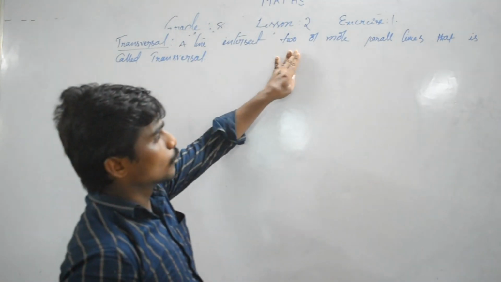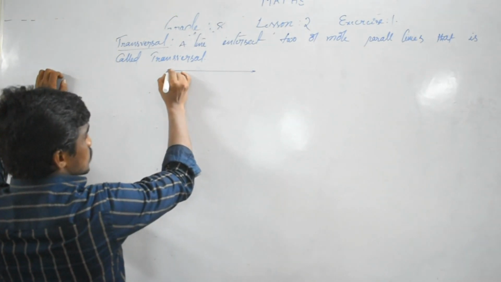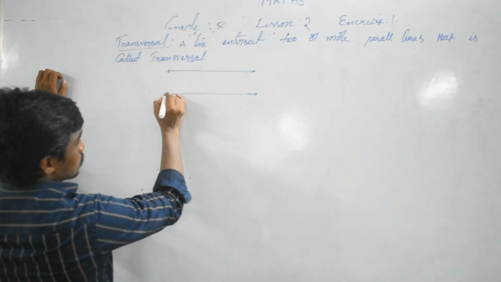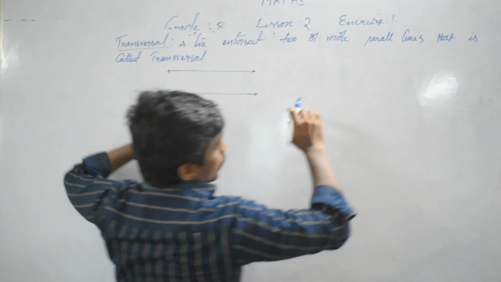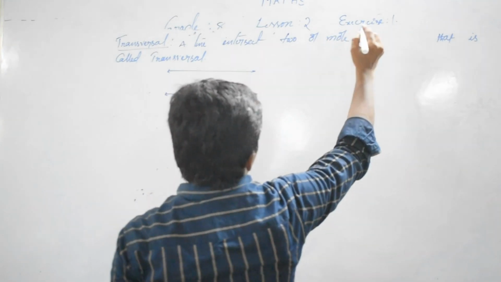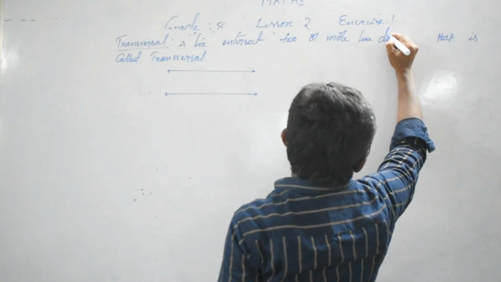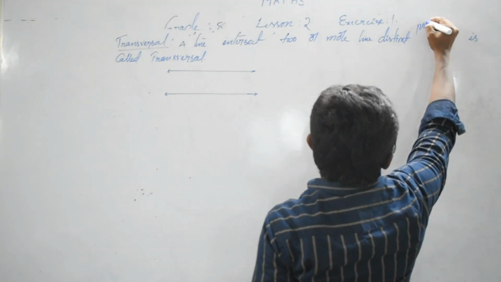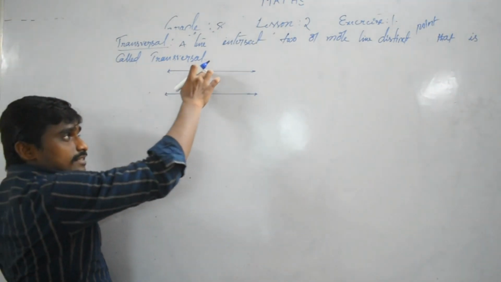See, two or more parallel lines. Now we know these are parallel lines. Two parallel lines are not needed, just two or more lines at distinct points. So these are two lines.